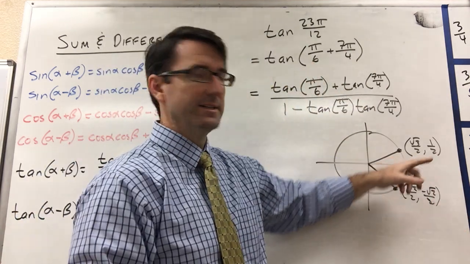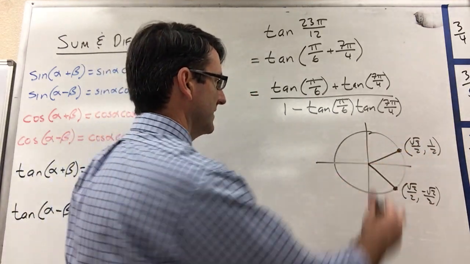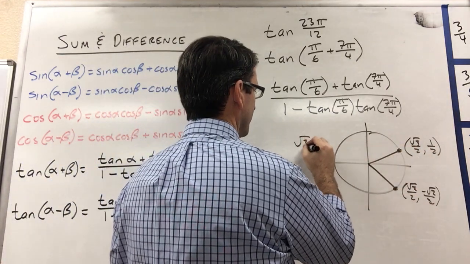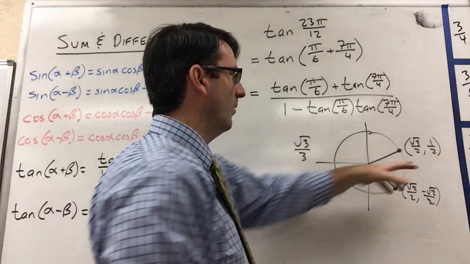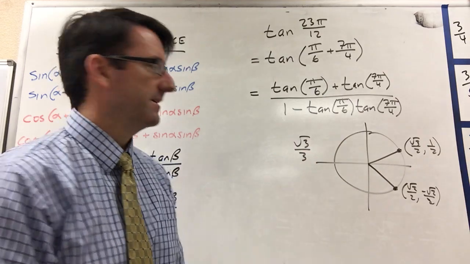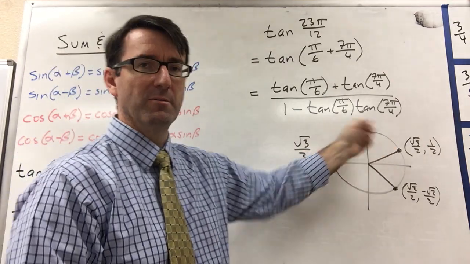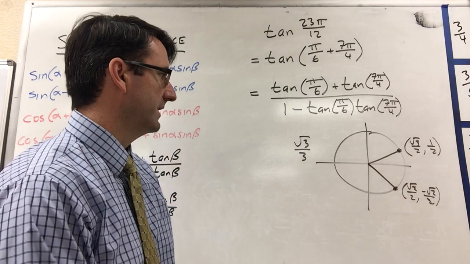So the tangent is going to be sine divided by cosine, and that's going to work out to be the square root of 3 over 3. It's 1 over the square root of 3, which if we rationalize our denominator, it's square root of 3 over 3. And many of you have that memorized or have it on your unit circle already.